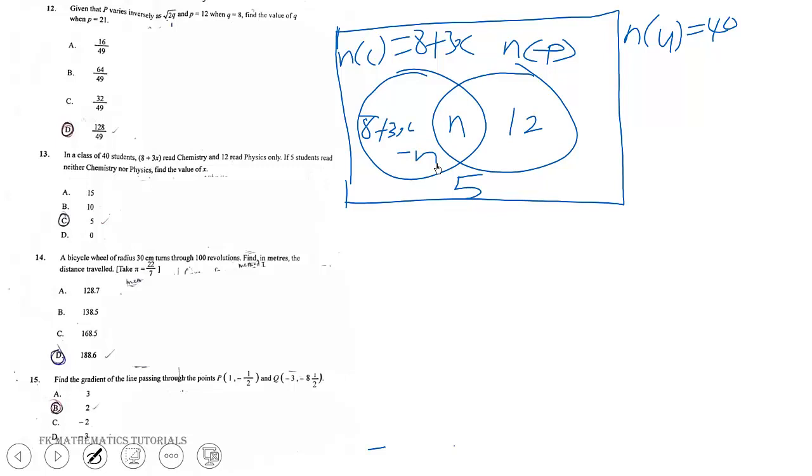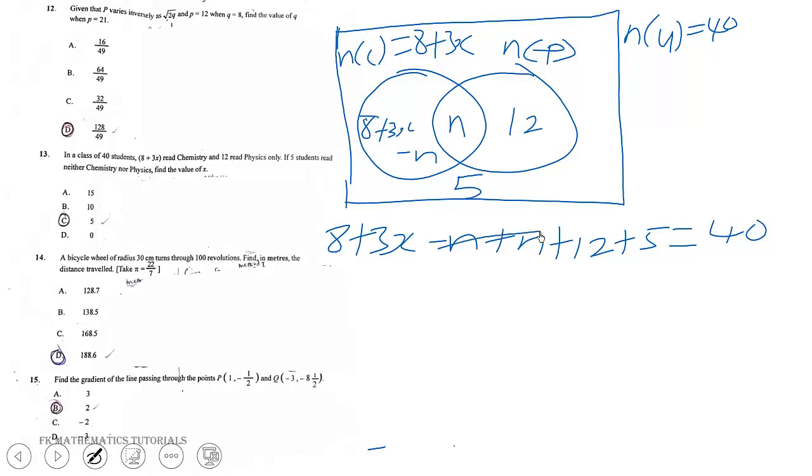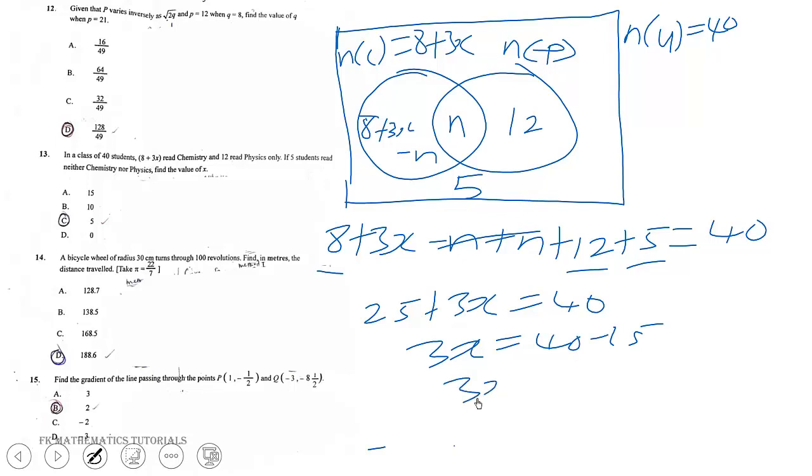So when we add all these elements, 8 plus 3x minus n plus n plus 12 plus 5, we should get the universal set, which is 40. So the n minus n will be 0. 8 plus 12 plus 5 will be 25, plus 3x is equal to 40. So 3x will be equal to 40 minus 25, so 3x will be equal to 15. Divide both sides by 3. x will be equal to 5.